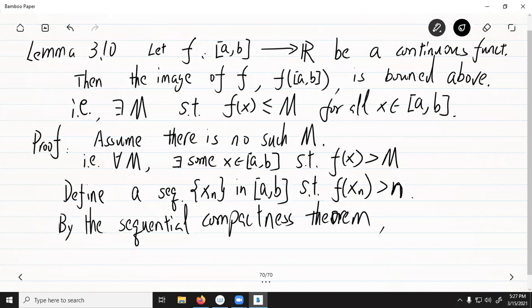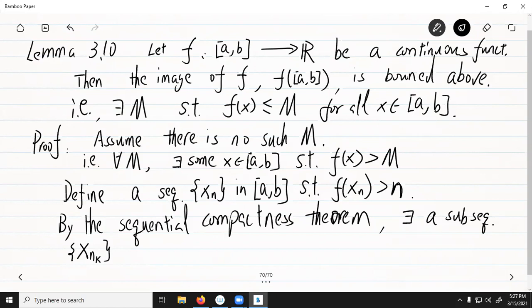So in other words, there exists a subsequence of this sequence, which is x_{n_k}, where k is the subscript of n, not n times k, okay, n sub k.